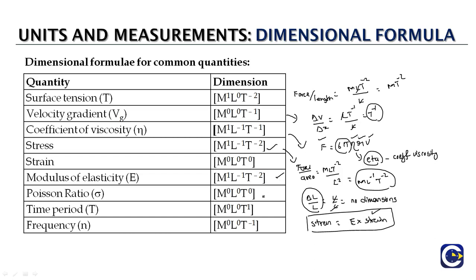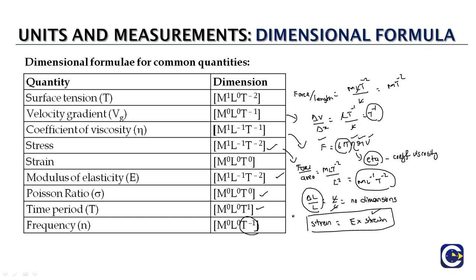Then we have another quantity called Poisson ratio, which we will be learning about in properties of solids. Then we have time period. In oscillations, the time taken to complete one full revolution or path, which is nothing but time. We have frequency, which is 1 by time period. It will have dimensions of inverse of time.